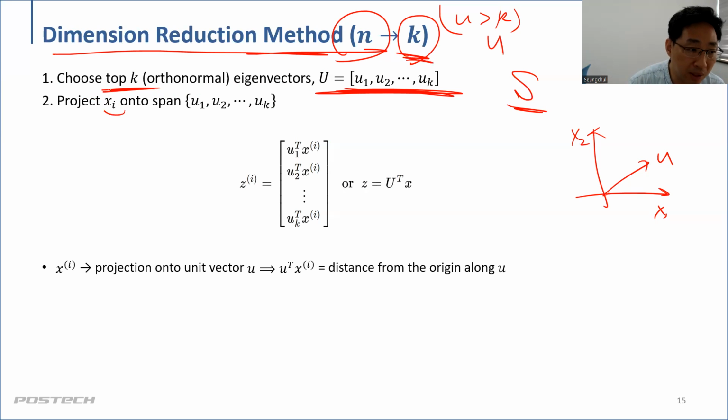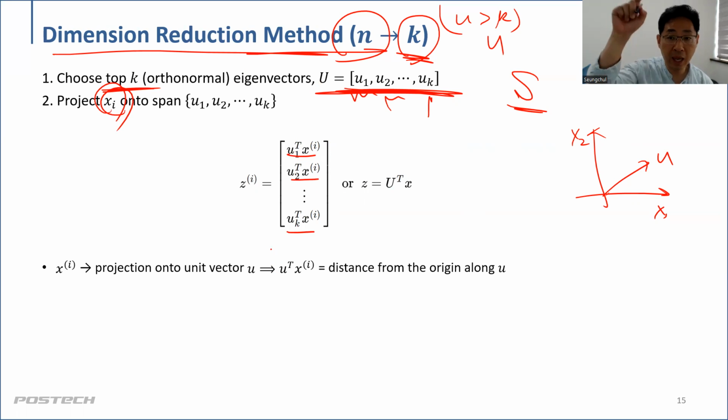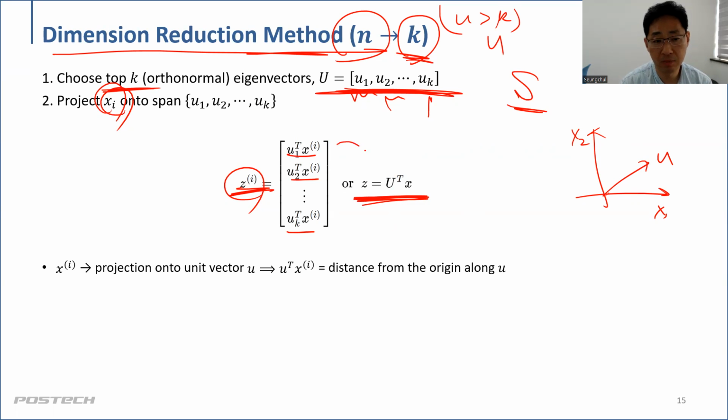Then for single data points, make projections onto each vector. Then we're going to have k values. These are the new coordinates in the new dimension-reduced axes. We can write it that way, same as in vector form.